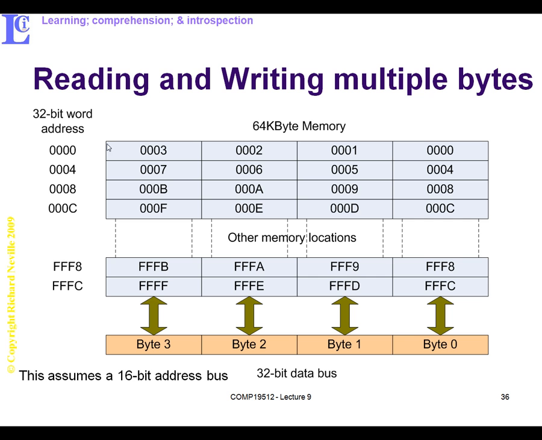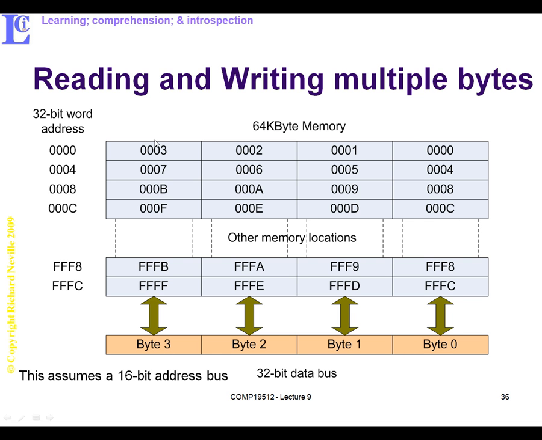Well, it means you're outputting 4 nibbles or a 16-bit address into a memory, and with 16 bits this is only addressing 64 kilobytes of memory, but what we want to do is feed in a 32-bit number. So we're going to have to break reading or writing those into 4 separate reads or writes.